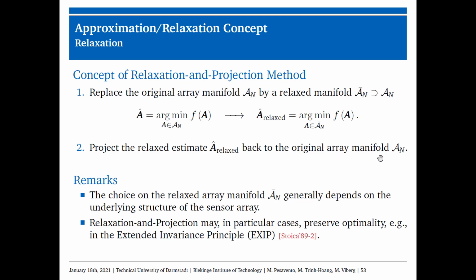Interestingly, in some special cases, like in the extended invariance principle, we can prove that the projected solution is asymptotically optimal. This indicates that we suffer no estimation loss in the relaxation step while the computational complexity is reduced.